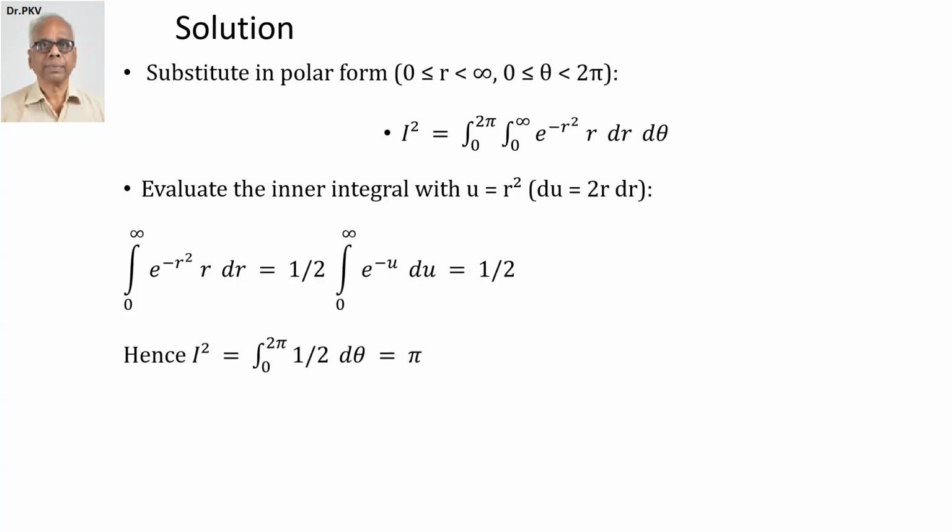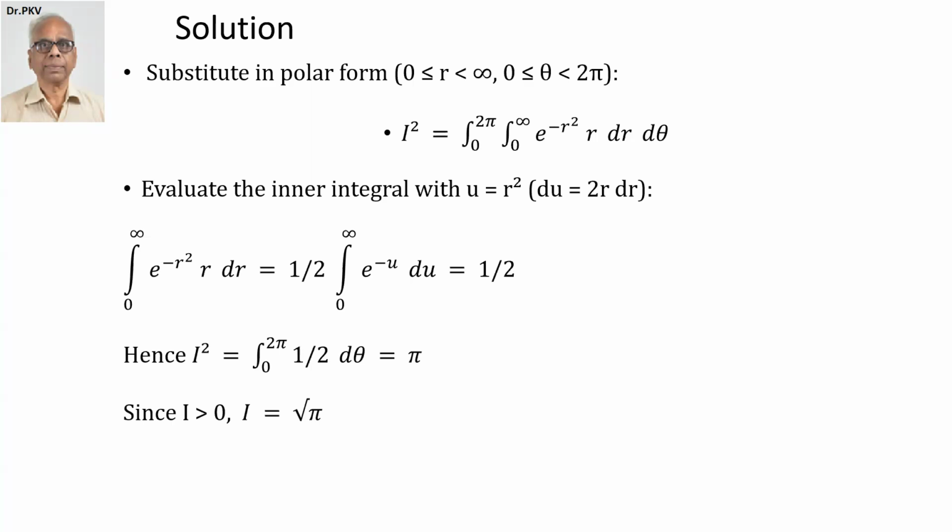Now, I squared is therefore equal to the outer integral from 0 to 2 pi of half d theta, which is equal to pi. And since I is greater than 0, I is root pi. And this is the answer.